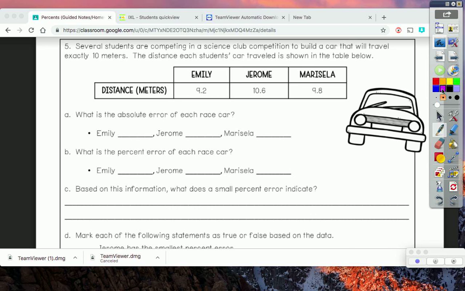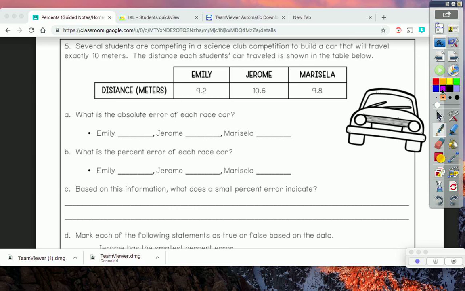If you're having problems understanding what the acceptable amount and the exact amount are, think of the acceptable amount as what you got when you measured. And the exact amount is the correct amount, or the max amount that you should be at.